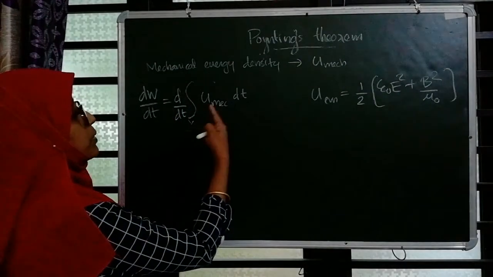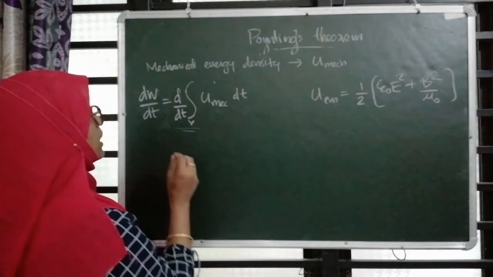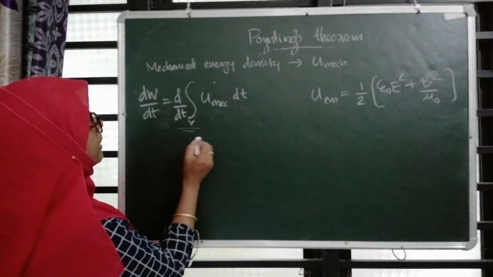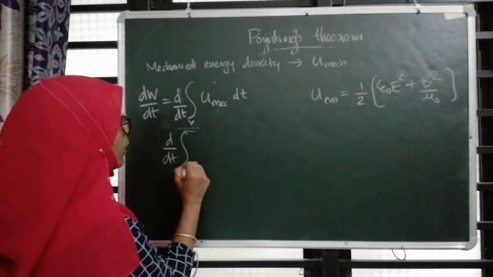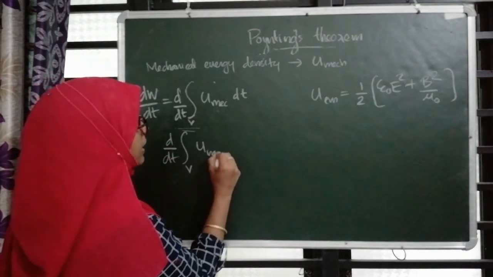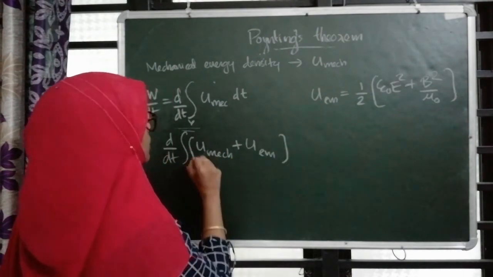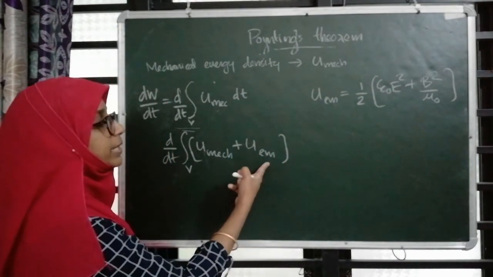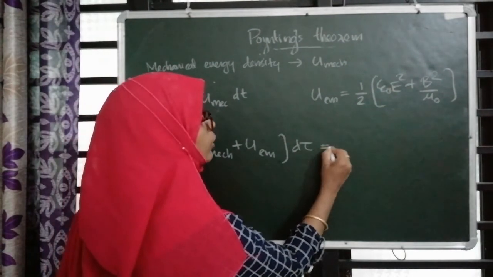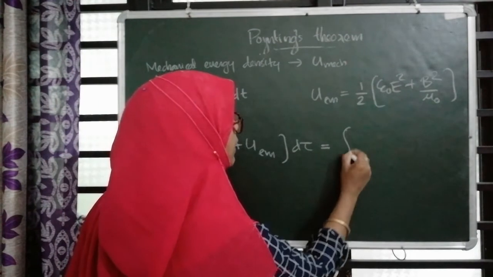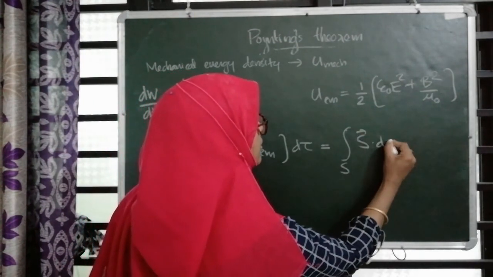Now, by substituting this term in the Poynting theorem, we can rewrite it as d by dt of the volume integral of U mechanical plus U_EM, where U_EM has been taken to the LHS, d tau is equal to the surface integral of S dot ds.